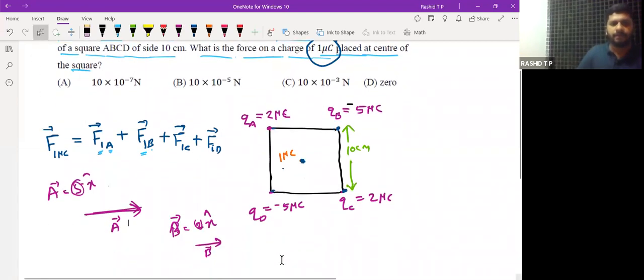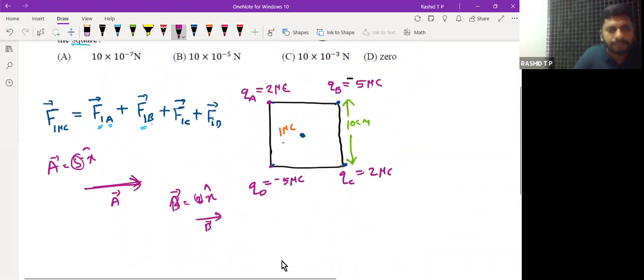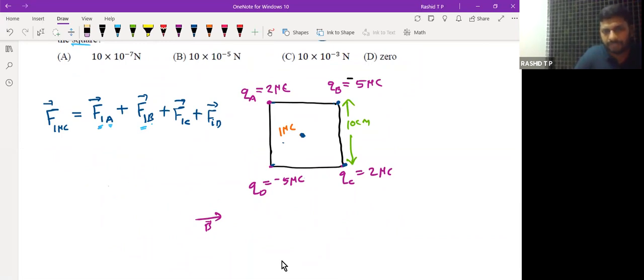We follow such a method while solving this kind of problem also, because force is a vector quantity, and in the next section we will deal with the electric field, which is also a vector quantity. Wherever you deal with vector quantities, the same procedure can be applied. I will come to that later also.